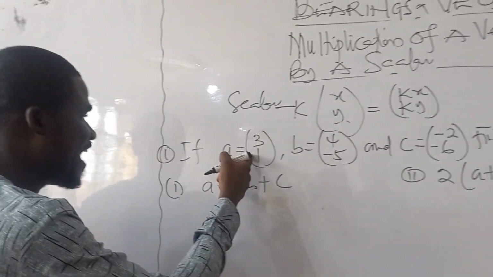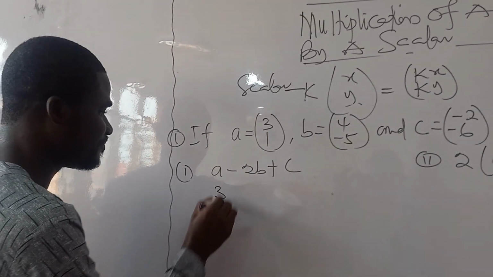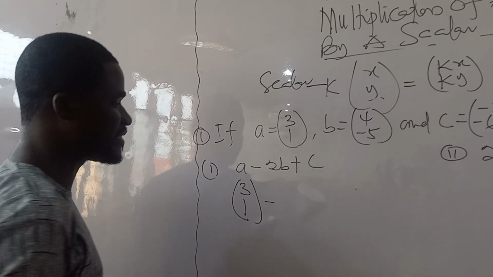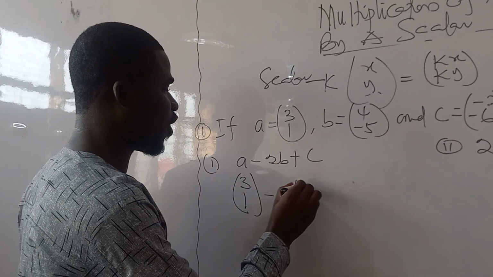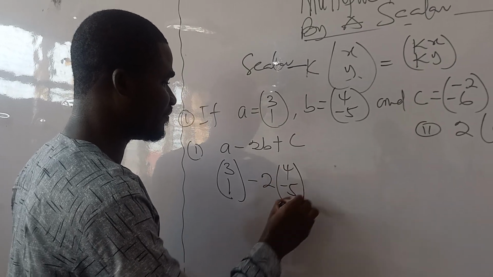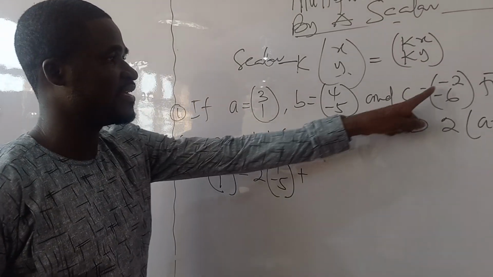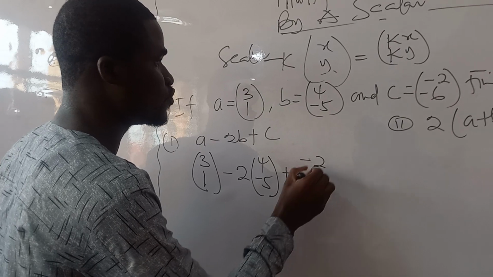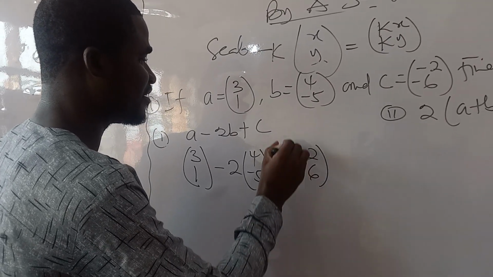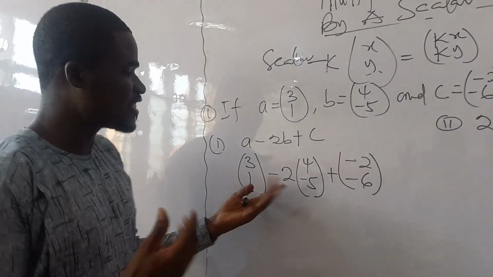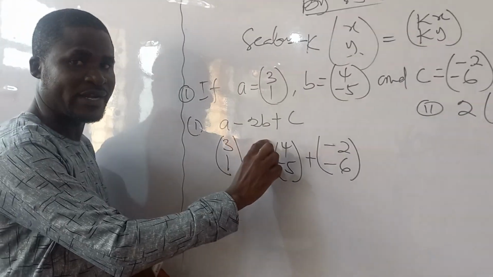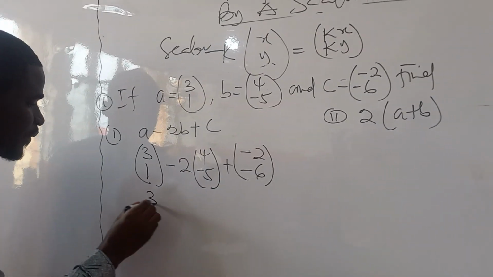So a is (3, 1) minus 2 into brackets b. B is (4, -5) plus c. C is (-2, -6). Nice one. Now let's remove our bracket, so we're going to have (3, 1).